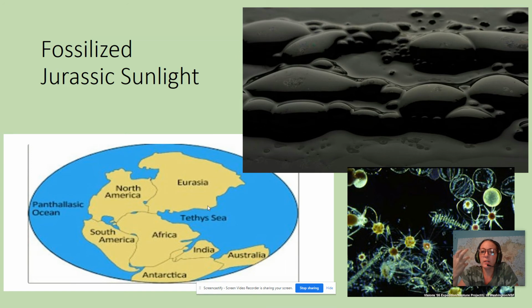And so all the living organisms that were in this part of the Tethys Ocean died. And if something was alive, it had carbon in it. So we trapped mostly phytoplankton, but any aquatic organism that was in that ocean was subjected to heat, pressure, and a long amount of time. It changed that carbon from being a dead organism and turned it into crude oil. And so we call that fossilized Jurassic sunlight.